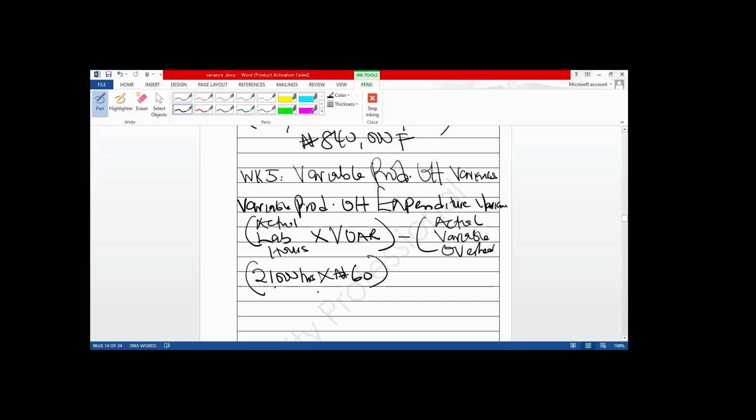That will give you absorbed variable overhead minus actual variable overhead incurred. Check the actual, 660,000. Work this out. You have 600,000 difference. Favorable.